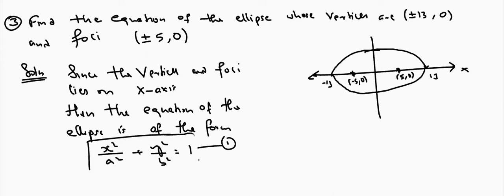In this equation we have to find the values of a and b, and we get the required equation of the ellipse.